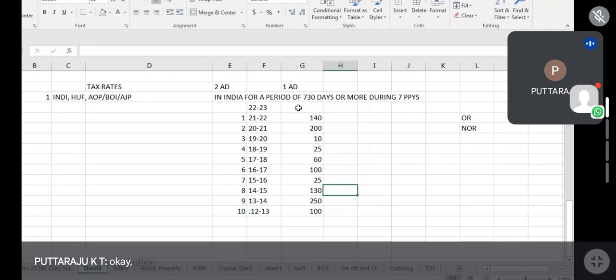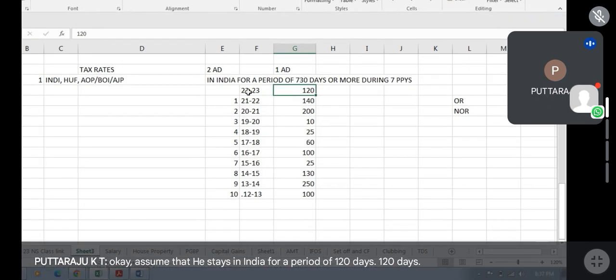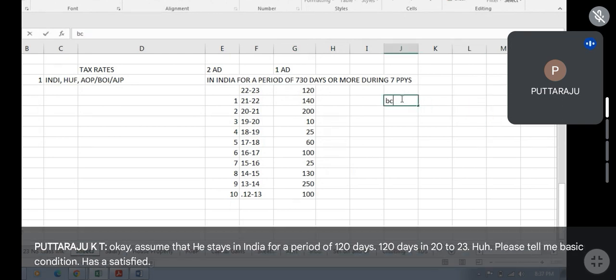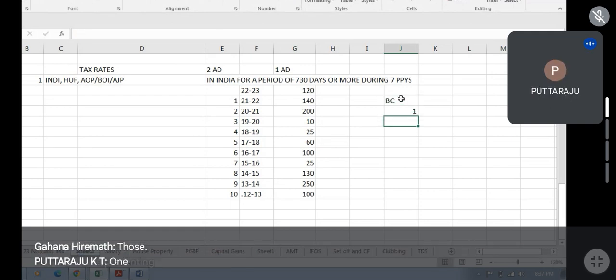Okay. Assume that he stays in India for a period of 120 days in 22-23. Please tell me, has the basic condition been satisfied? Basic condition 1: has it been satisfied?